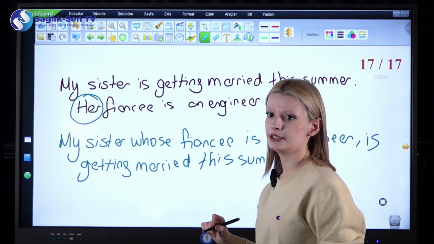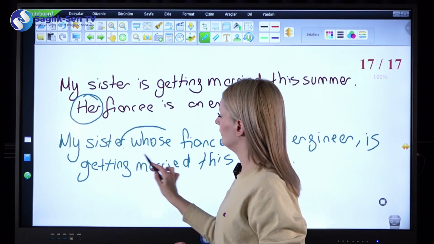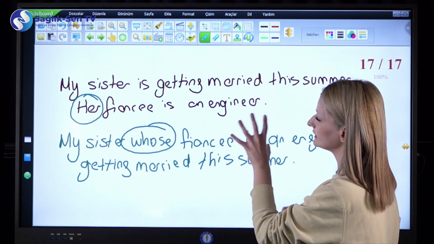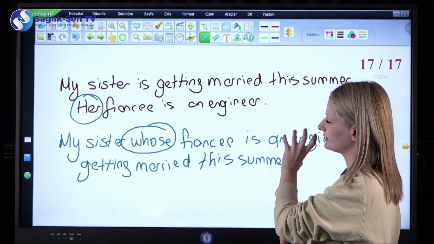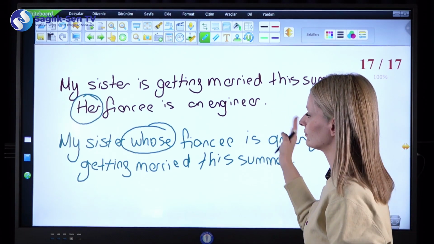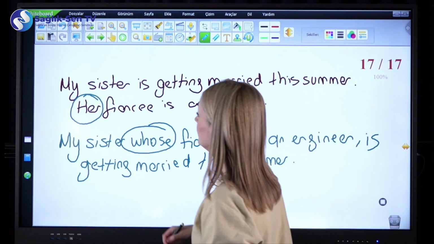You have to keep going with the sentence that has the possessive adjective right after our relative pronoun.